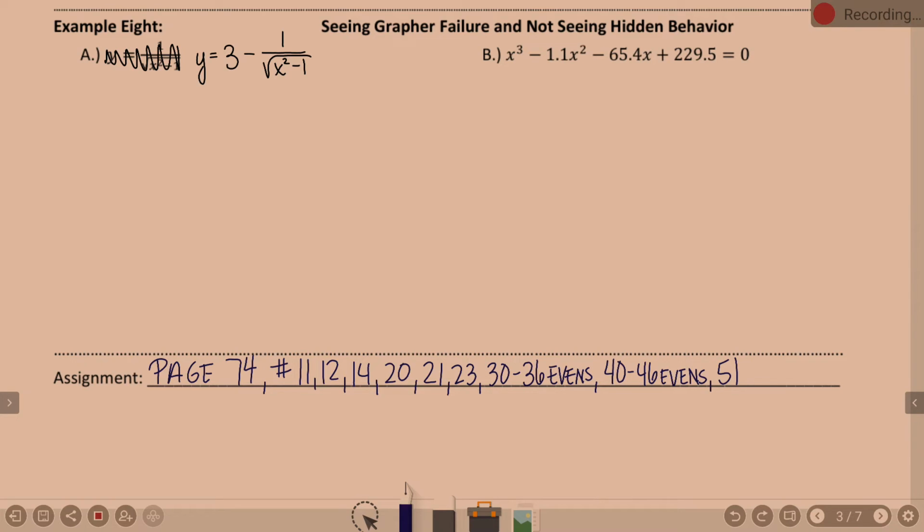We're going to graph y equals 3 minus 1 over the square root of x squared minus 1. And we're going to see what comes up on the calculator.